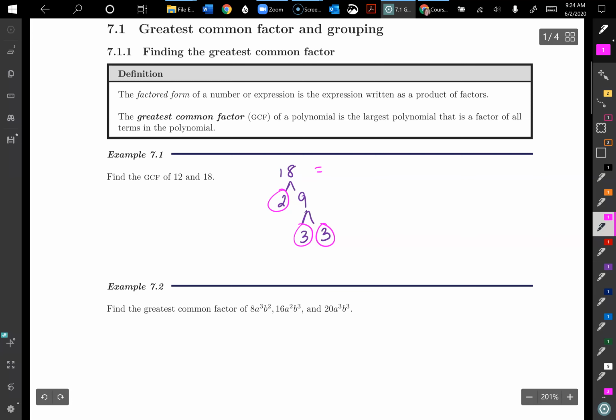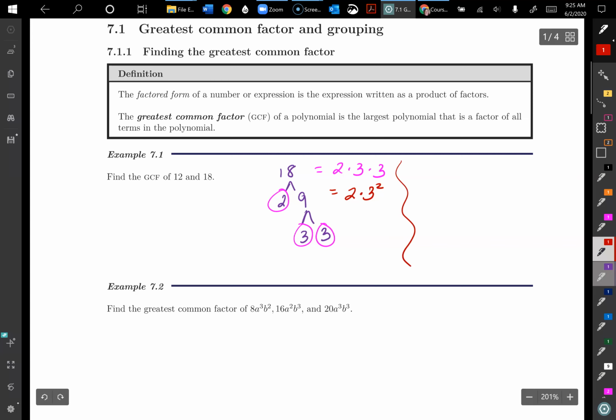So that breaks down to 2 times 3 times 3, or actually, let's write it as 2 times 3 squared, because that's what it's going to look like when we have variables, right? So we have this value. If we multiplied it back, we would get 18, right? So they're like one and the same.